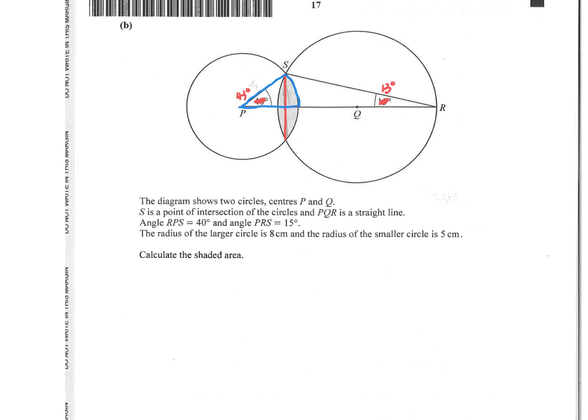Okay, so first thing first, you want to find the area of this shaded region. You need to find the area of sector, take away the area of the triangle. Do you see a triangle? Okay, let's call this X. Do you see a triangle SPX?